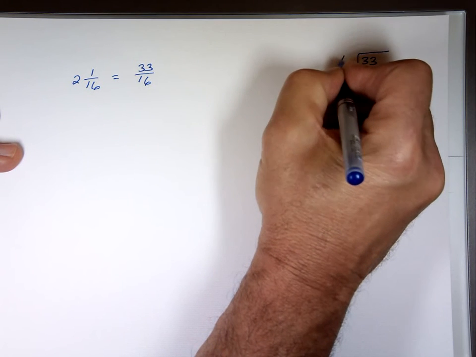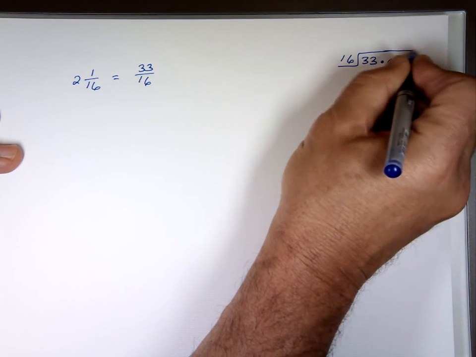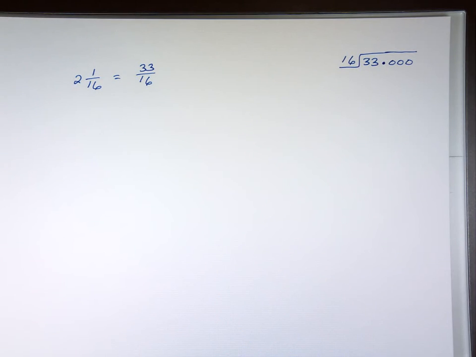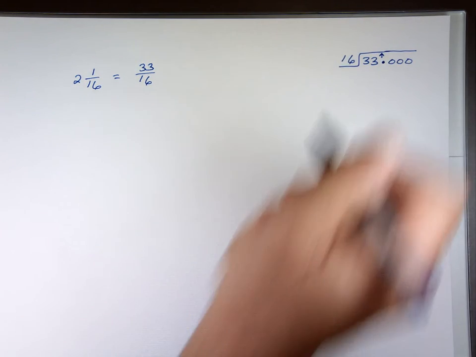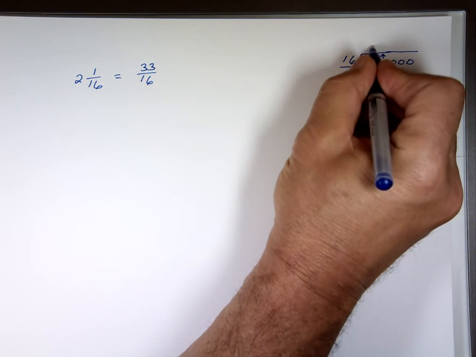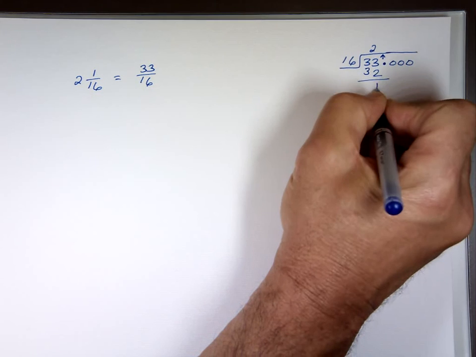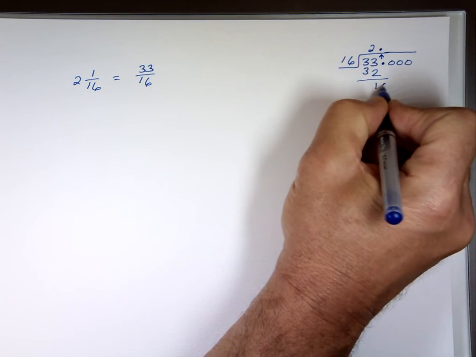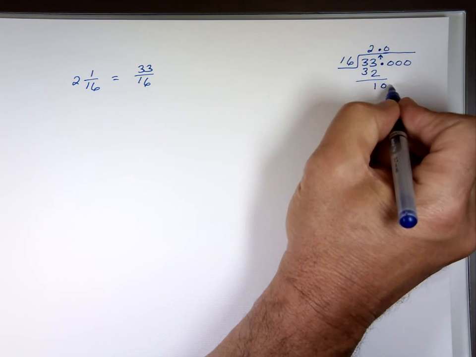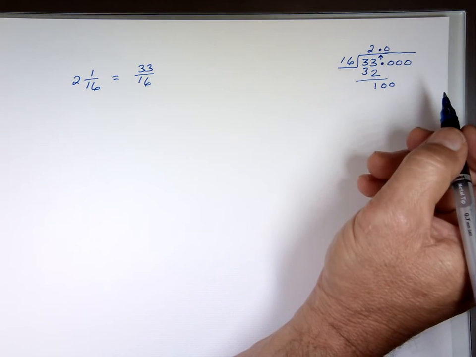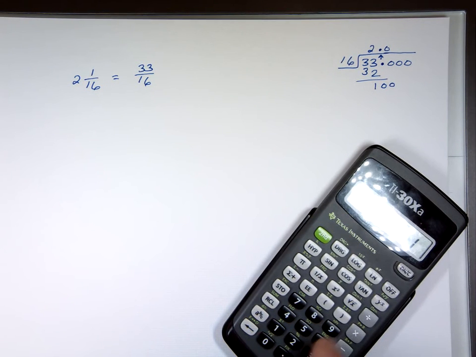If they want a decimal number, again, remember there's a decimal point here and a lot of zeros if you need them. Now that'll be a 2. 2 times 16 is 32. Remainder is 1. Bring that 10 down. 10 by 16, you can't. That's a 0. Bring another 0 down. 100 divided by 16. 6 and some change.